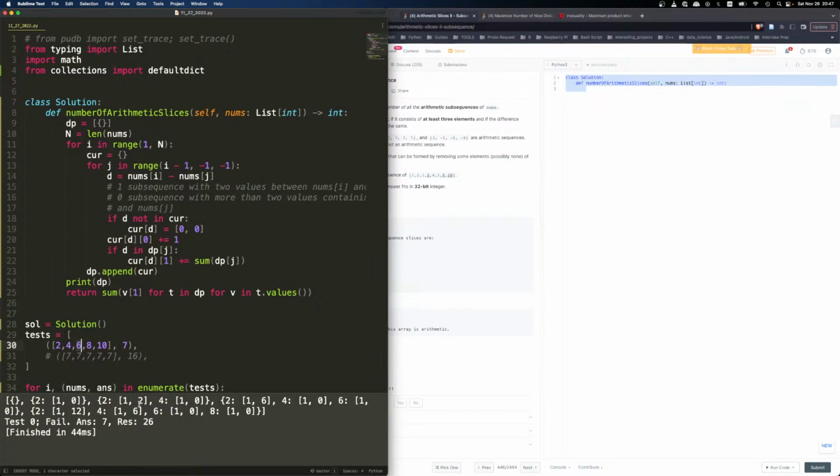Why is this one 2? Yeah, I plus E1, that makes sense. D in dpj, so j is going to be looking here, and then it's 2, right? dp2, sum this is 1, so this should be 1. Interesting.